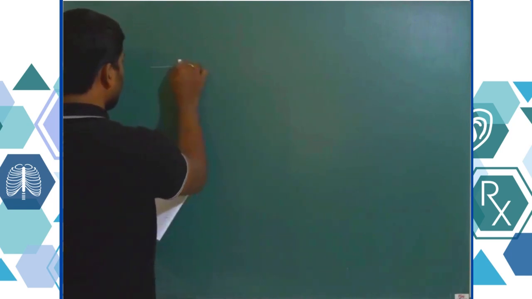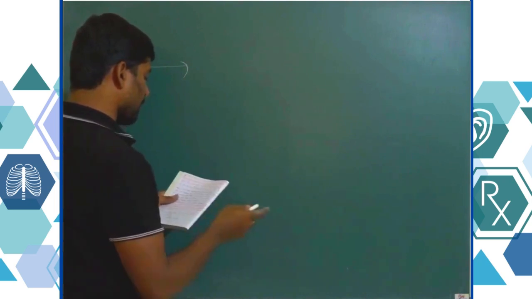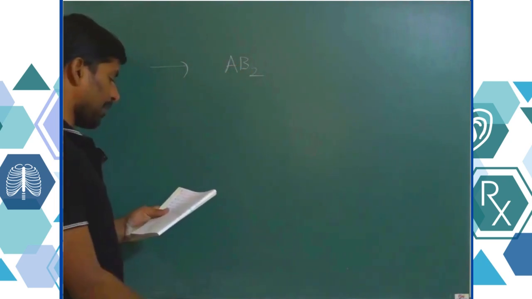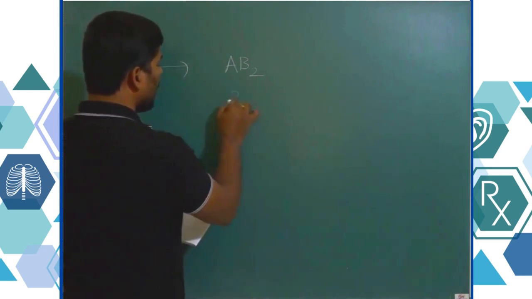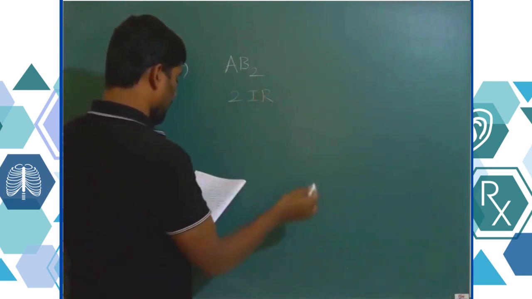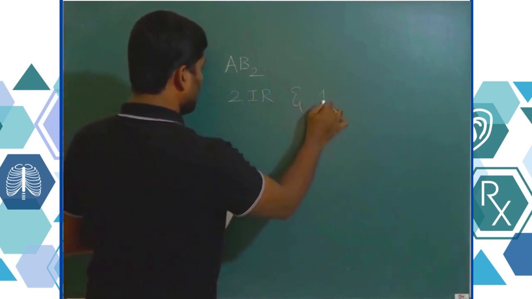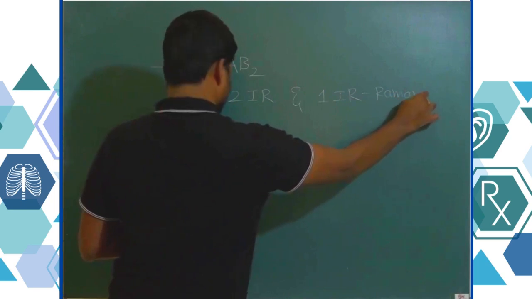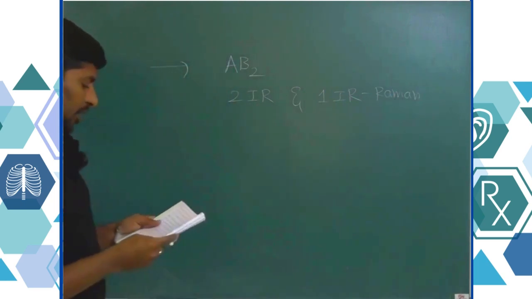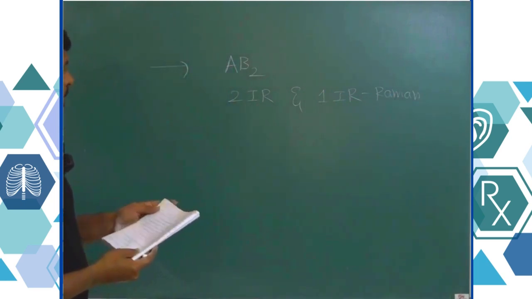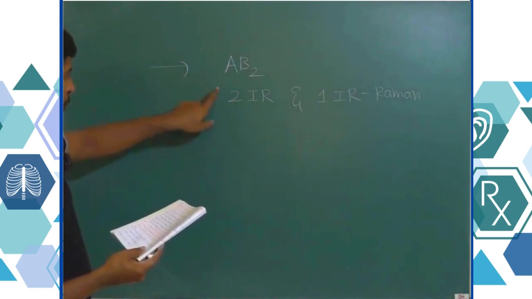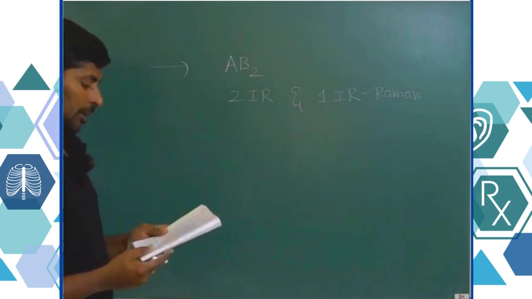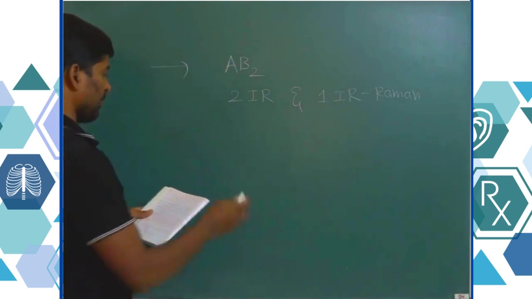A similar type of question: a triatomic molecule of the type AB2 shows 2 IR absorption lines and 1 Raman line. The structure of the molecule is?